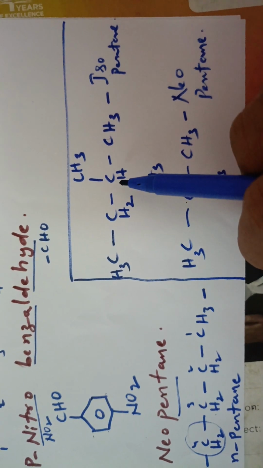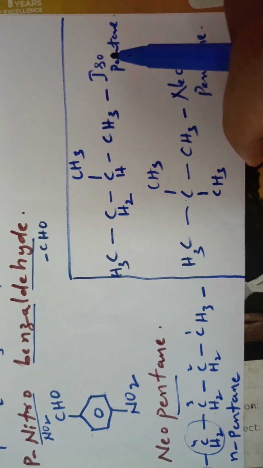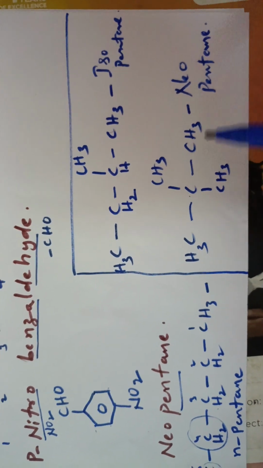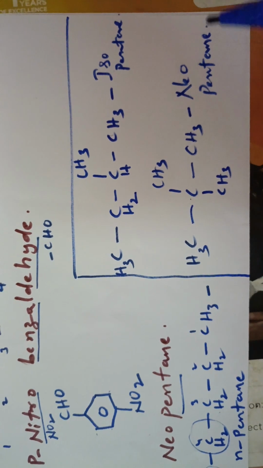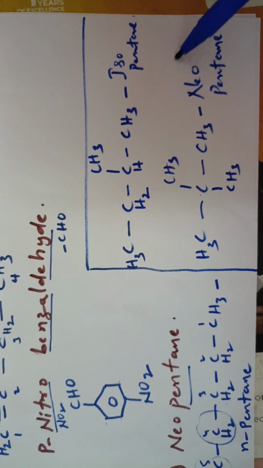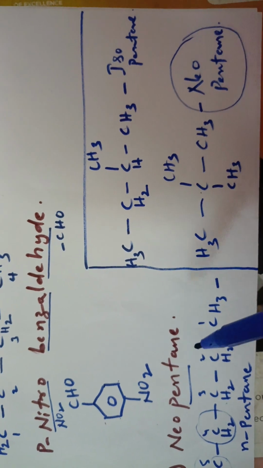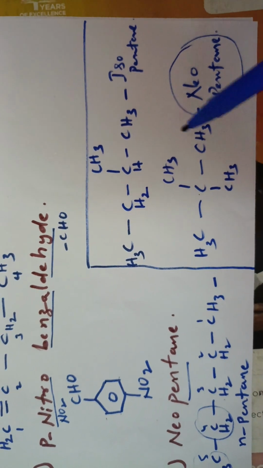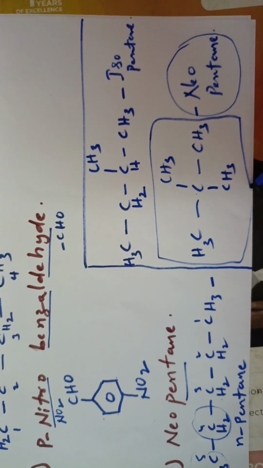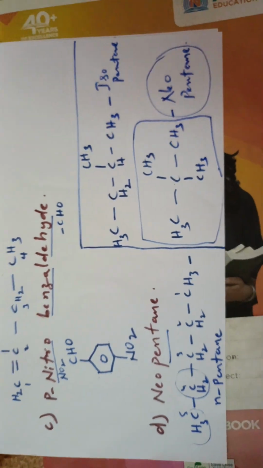But the second carbon has 1 methyl group, so isopentane. If the second carbon has 2 methyl groups, then it is called neopentane. So in the exam, they asked for the neopentane structural formula. Okay, so we have to write this. This is the neopentane.